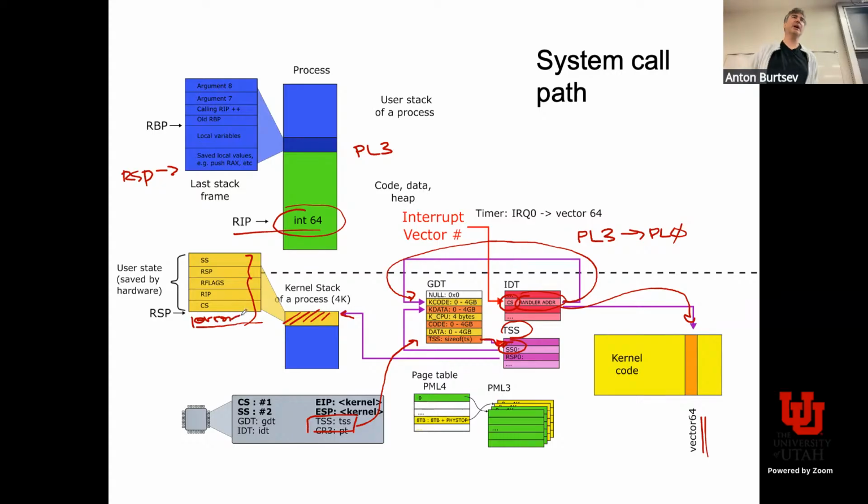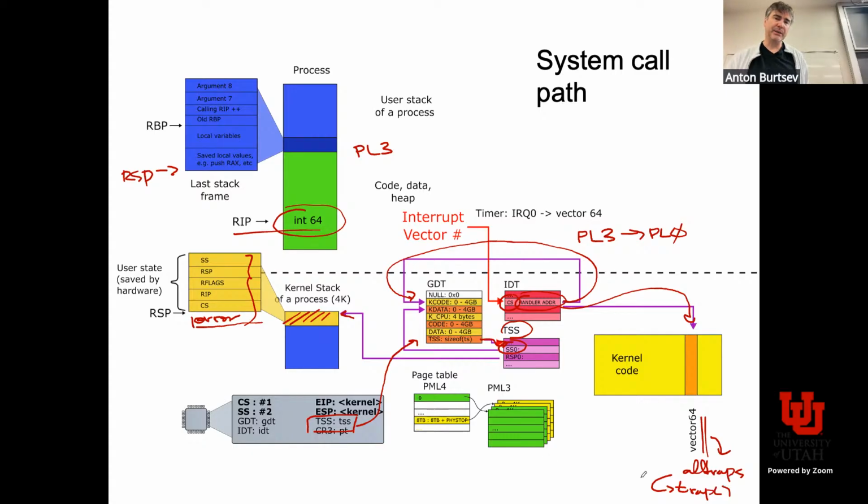At this point we're running in the kernel, and this is the system call. Then we go through the kernel's vector 64, and then alltraps. Alltraps saves all the registers, then goes to the trap function, which is the first C function we invoke.